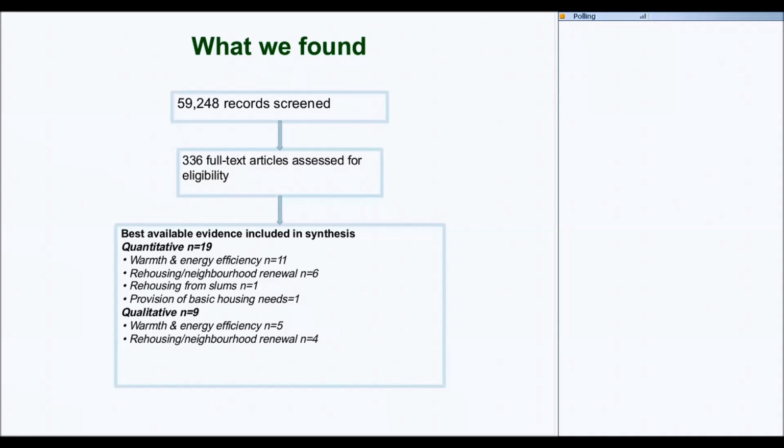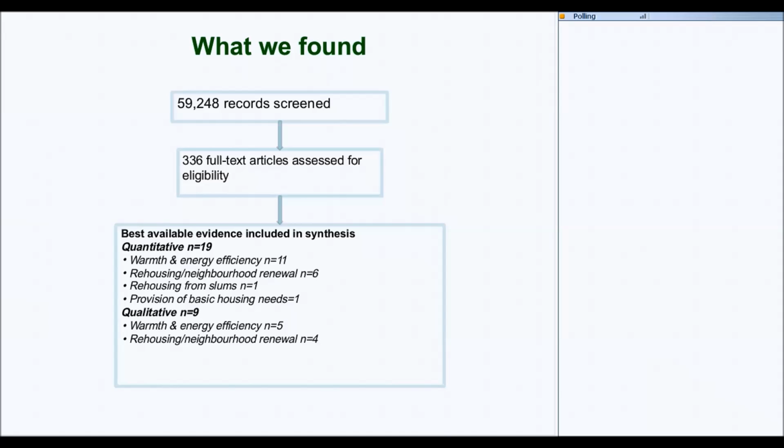So we had to allow ourselves to find lots of things that we could immediately say, when we looked at them, well, these aren't very relevant. It wasn't that we were excluding studies of housing improvement. It was that they were obviously not relevant when we looked at the abstract.